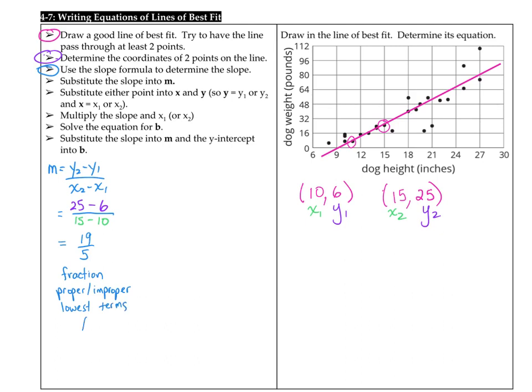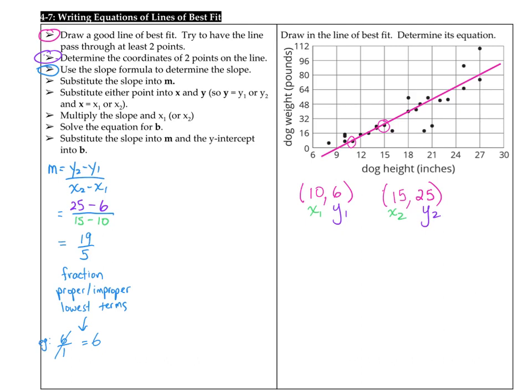And for lowest terms, make sure if it ends up being something like 6 over 1, 6 over 1 in lowest terms is 6, not 6 over 1. That's something that a lot of people make the mistake of.